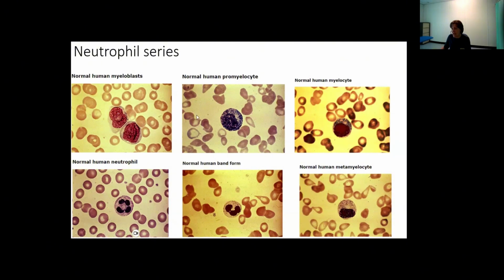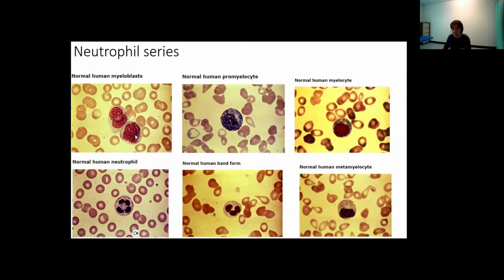And this is just the range of all of those cells. In some situations, you can see them in peripheral blood if patients are really sick. But generally speaking, if you see any of them to excess, then it is pathological.